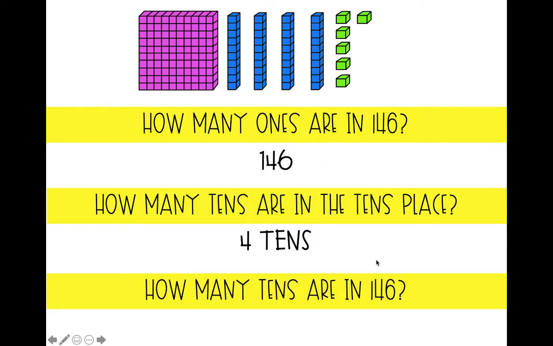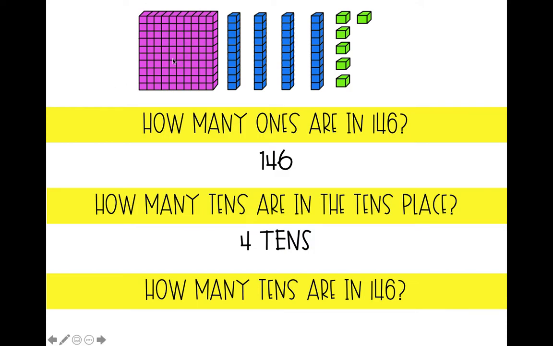How many tens are in 146? Now notice this is a different question. We're not asking how many tens are in the tens place, but how many tens are in 146? We know that we have 4 tens, but we also know that 100 is equal to 10 tens.